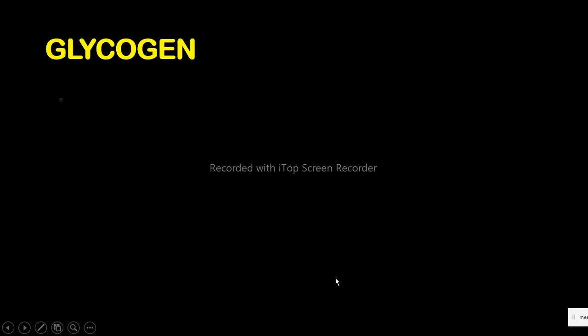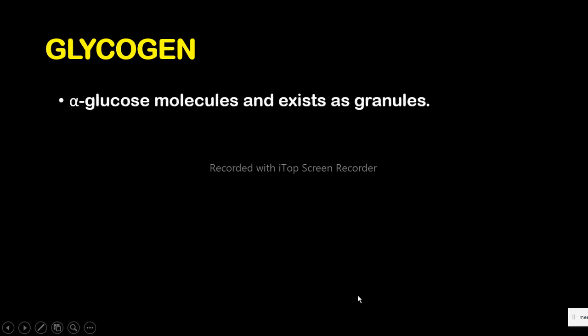Let's talk about glycogen. Glycogen, just like starch, is also made up of very many alpha glucose molecules condensed together to form an alpha 1,4 glycosidic bond.